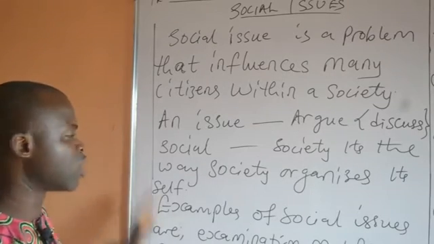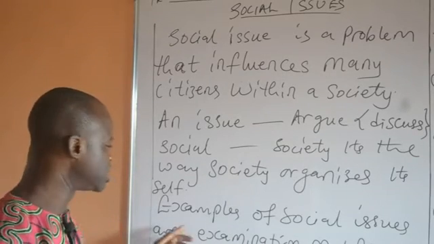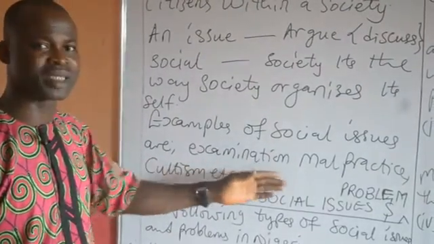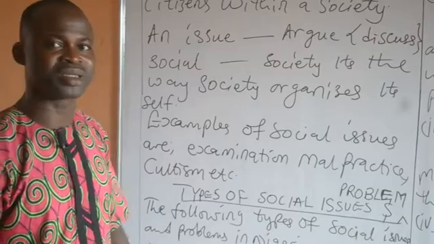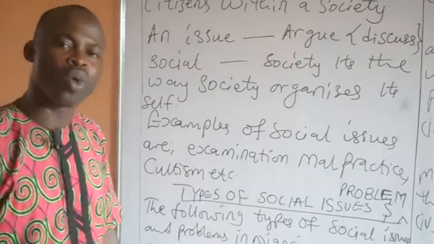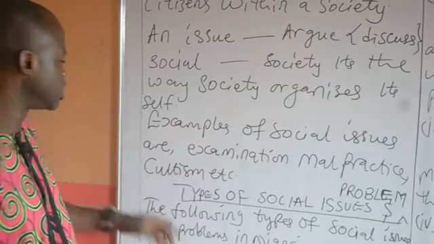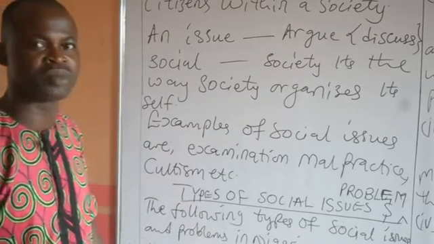What are some of the examples listed here? One, examination malpractice is a social issue. We will get to it later. Then two, cultism.